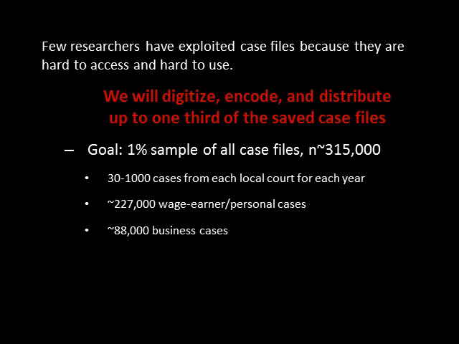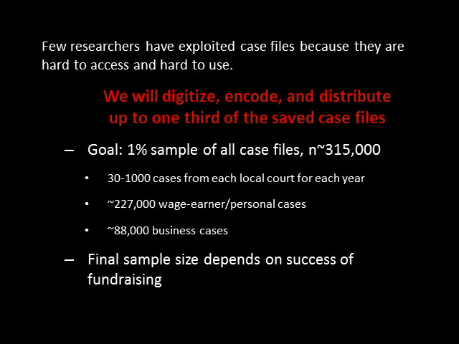The breakdown between personal, or historically what were called wage earner cases, and business cases is shown here. We hope to get about 227,000 personal cases and about 88,000 business cases. Of course, the final sample size is going to depend on the success we have in fundraising for this project.